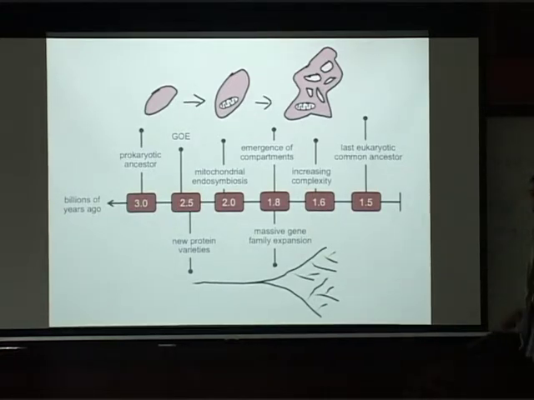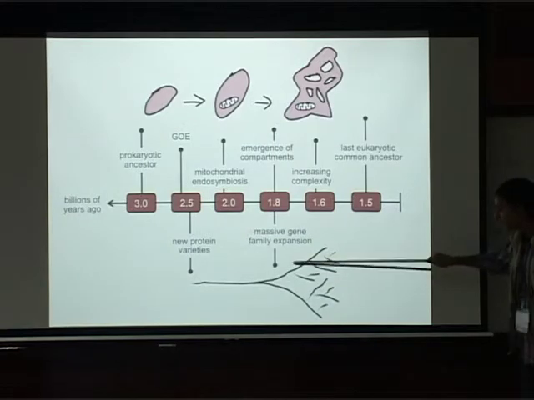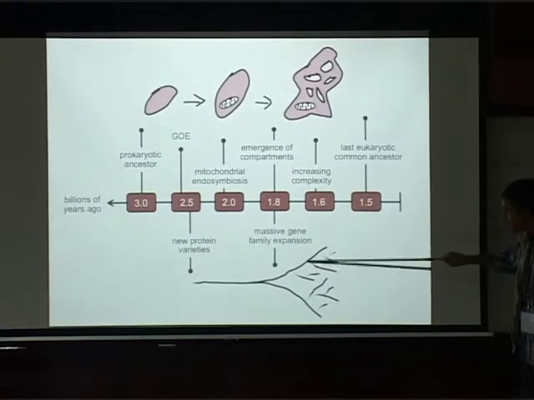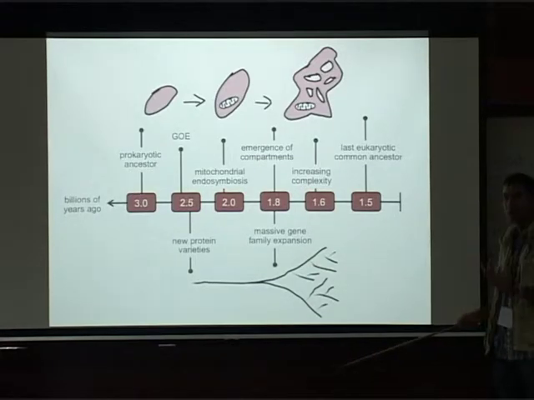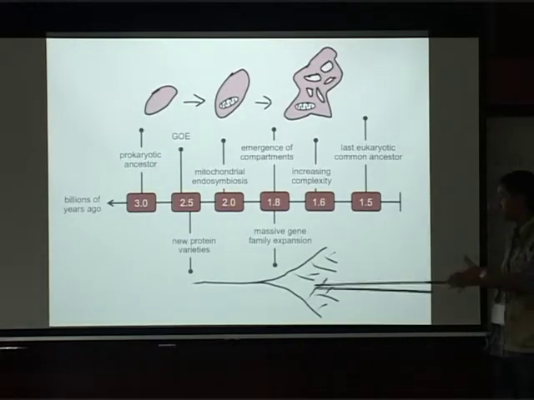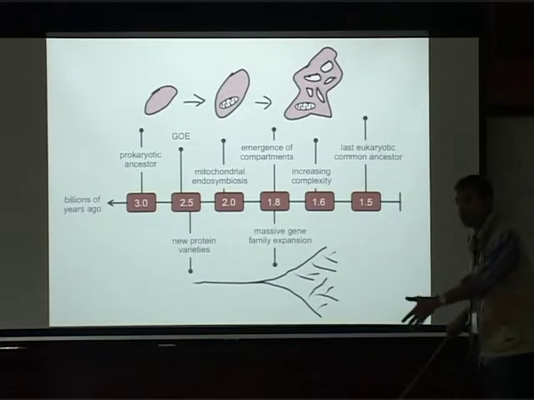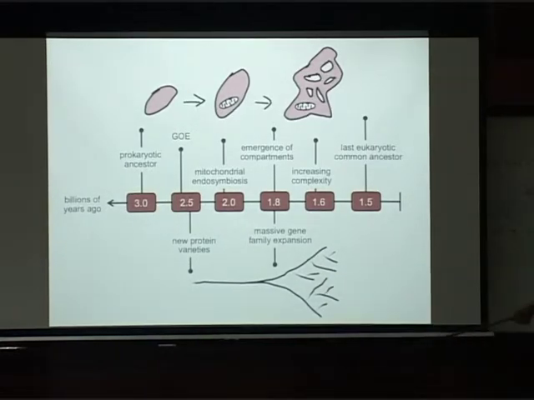And this gene family expansion we can date because it's in the lineage of our own genomes. These are gene duplications. This is a phylogenetic tree, a sketch of that. And these are gene duplications that happen in my own genome ancestrally. It's not a tree of species. So I can actually trace this gene family expansion by looking at the genomes of plants or of animals or of any cell that's alive today. So this we have very, very good data on.